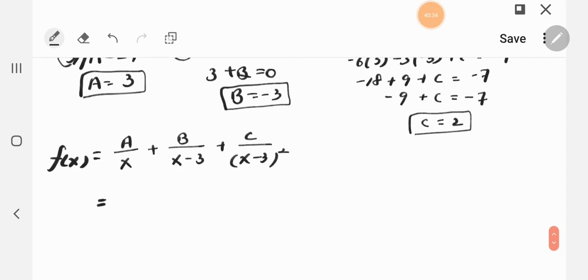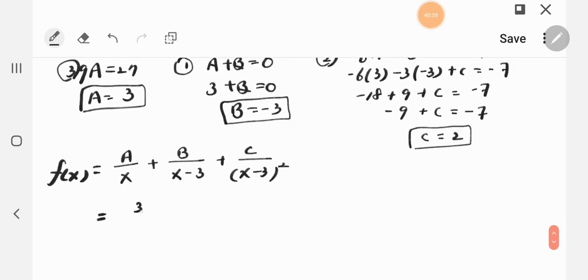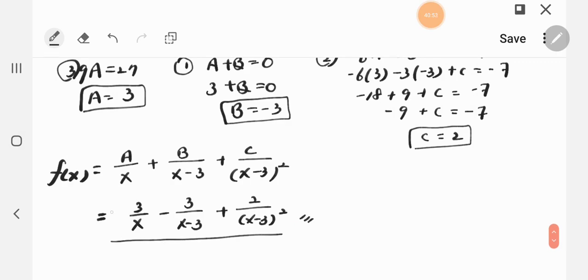So the answer: a is 3, so 3 over x. b is negative 3, so minus 3 over x minus 3. And c is 2, so 2 over x minus 3 squared. So this is the partial fraction decomposition.